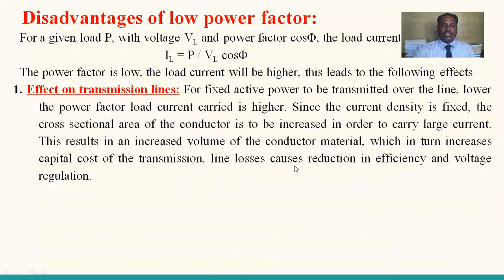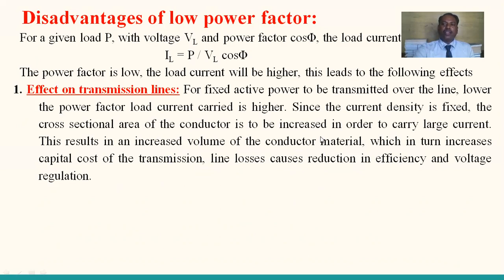Line losses cause a reduction in efficiency and voltage regulation. So, very good point here. As the power factor is low, the load current carried is higher. For carrying the higher current, because the current density is fixed, the cross-sectional area of the conductor is to be increased.